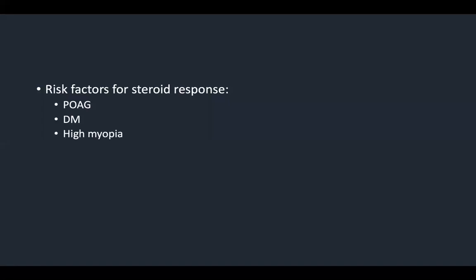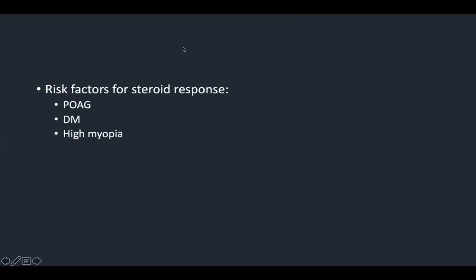I know Alphagan is category C medication. Category B. It's the only category B medication, anti-glaucoma. So she's on Lumigan and Alphagan. She can be on Timolol.